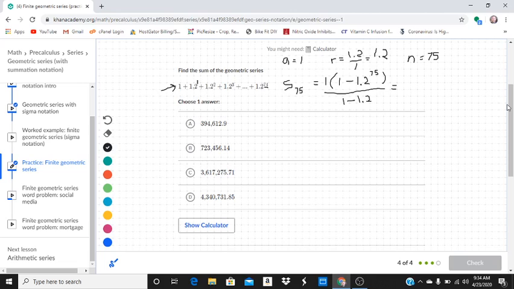In my calculator, I do 1 times parentheses 1 minus 1.2 raised to the 75th power, close my parentheses, divided by, in parentheses, 1 minus 1.2. And I'm getting 4,340,731.846. Since the 6 is after the 4, I'll round up to 5. It looks like D is going to be my solution.